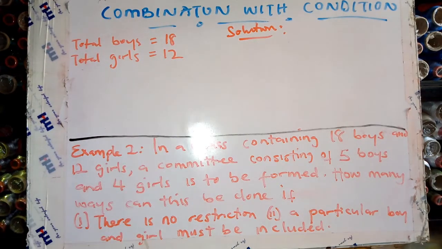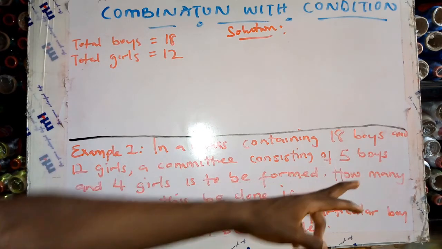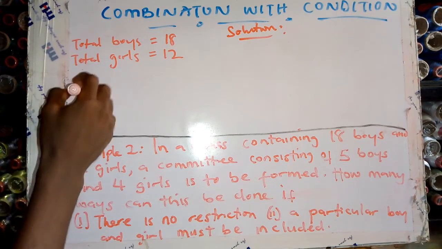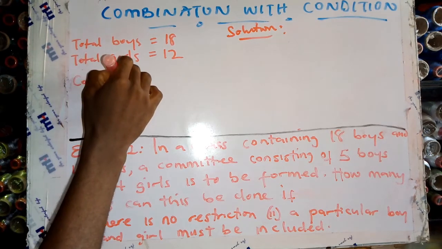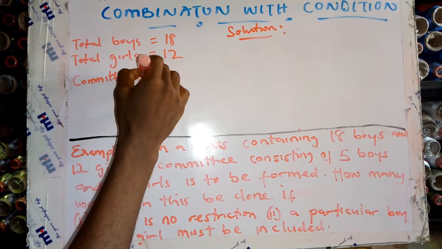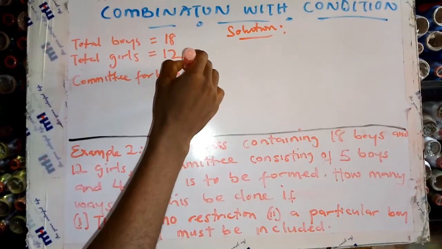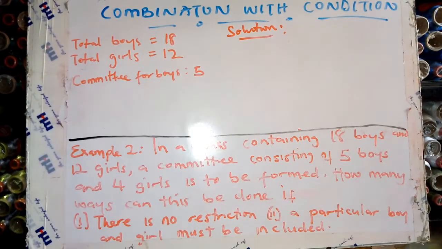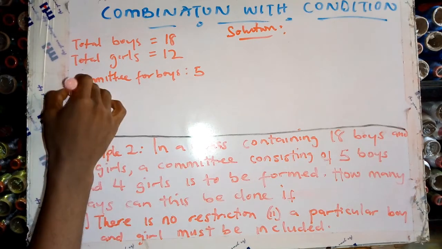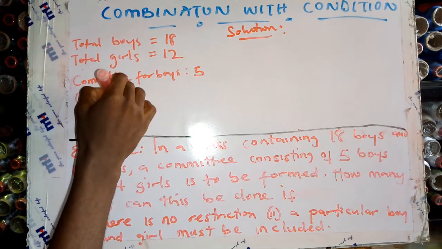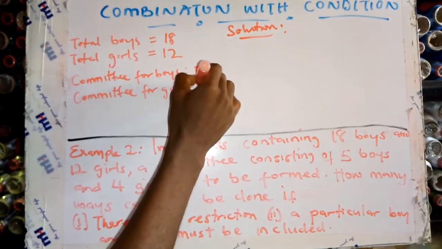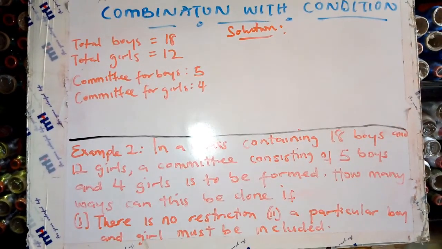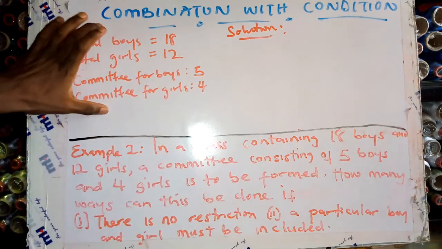A committee consisting of 5 boys, so the committee for boys is 5, and 4 girls, so the committee for girls is 4.